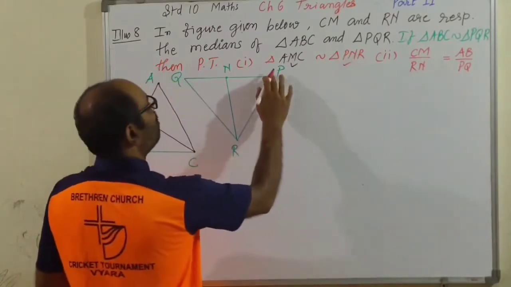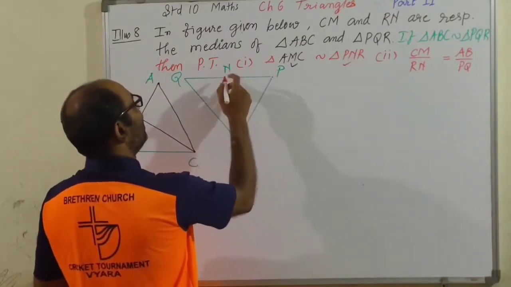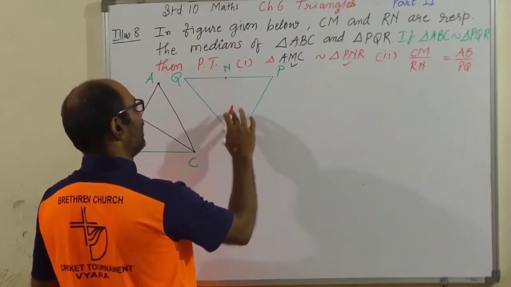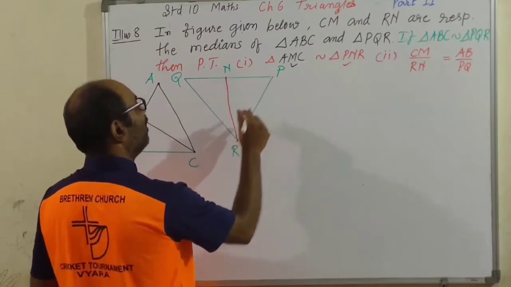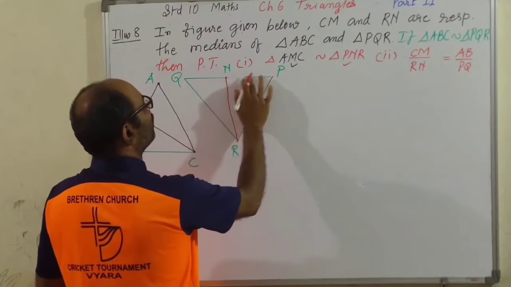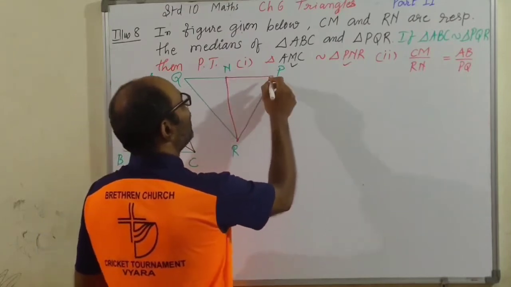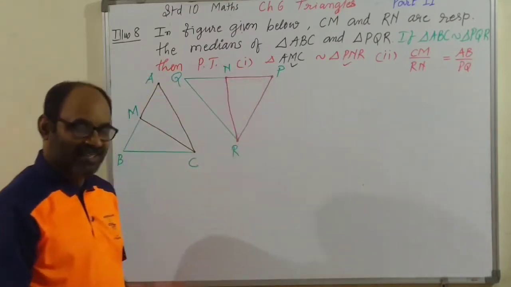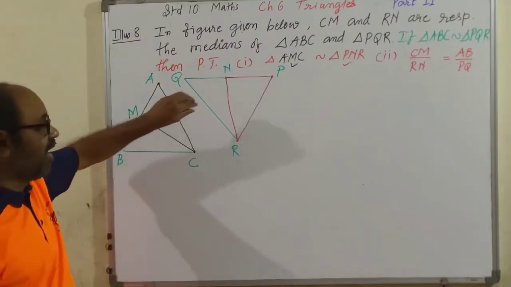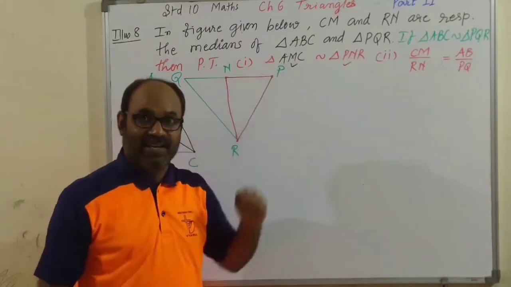P, N, and R. P is here, N is here, and R is here. Let us make it red. Children, this color, what I am using, is just for your understanding. In the examination, you don't have to do all this, okay? So you have to prove black triangle is similar to red triangle.